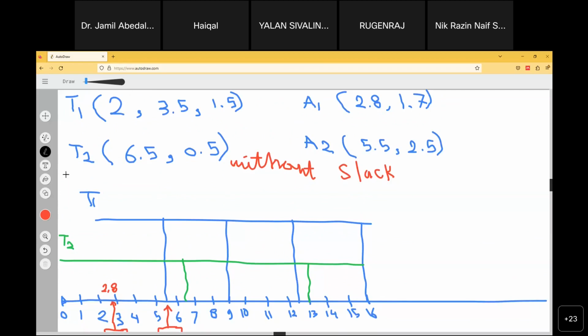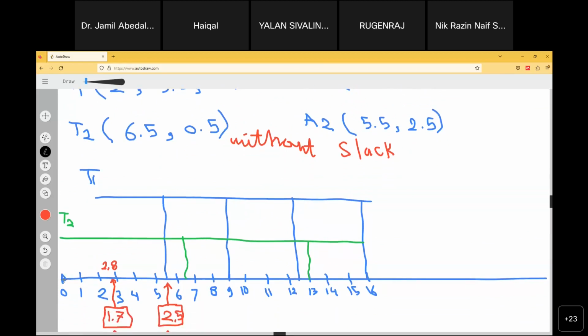We have 2 periodics and 2 aperiodics. How many of those 4 tasks are ready to be executed from unit 0?